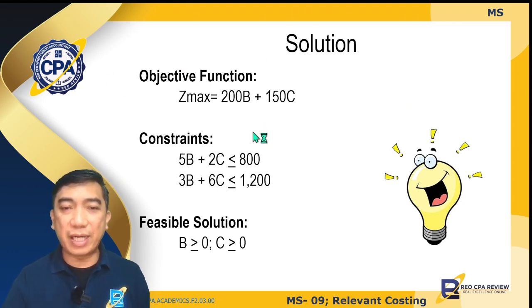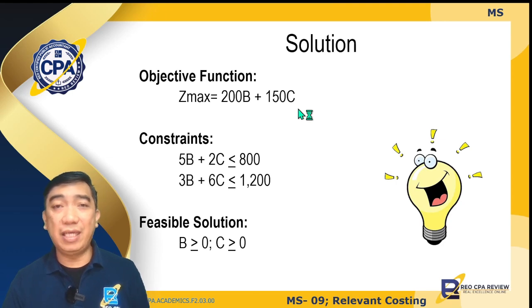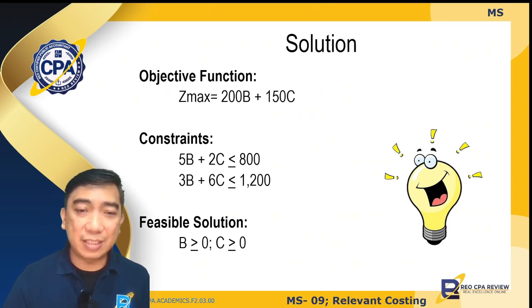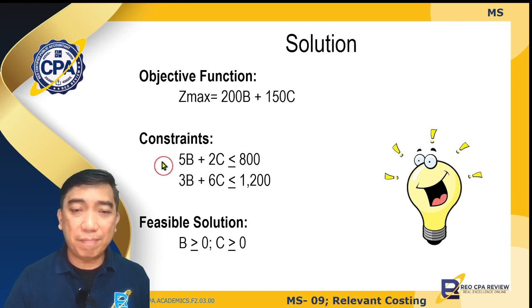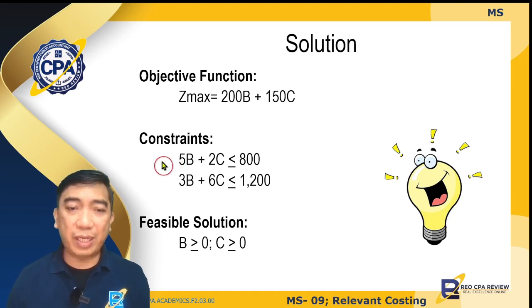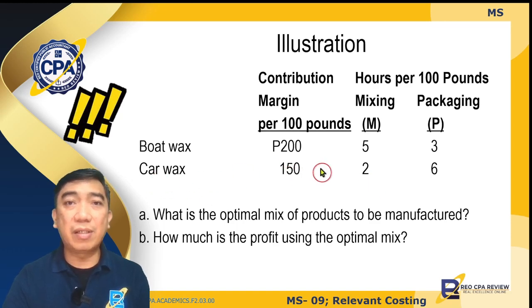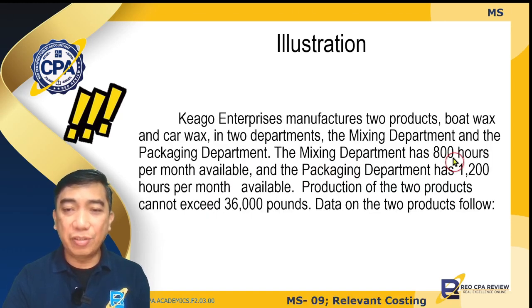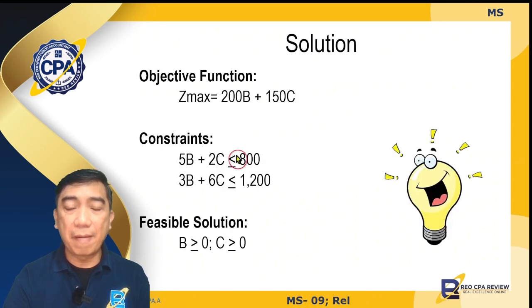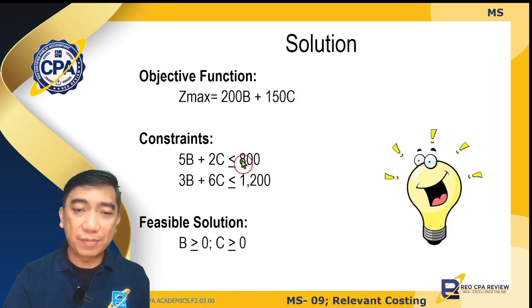Objective function muna. Zmax is equal to 200b plus 150c. What are the constraints? Class constraint, 5b plus 2c is less than or equal to 800. Saan ang galing yan? Class, ito yan. 5b plus 2c is less than or equal to 800, yung 800 hours available for mixing. Do the same with packaging.